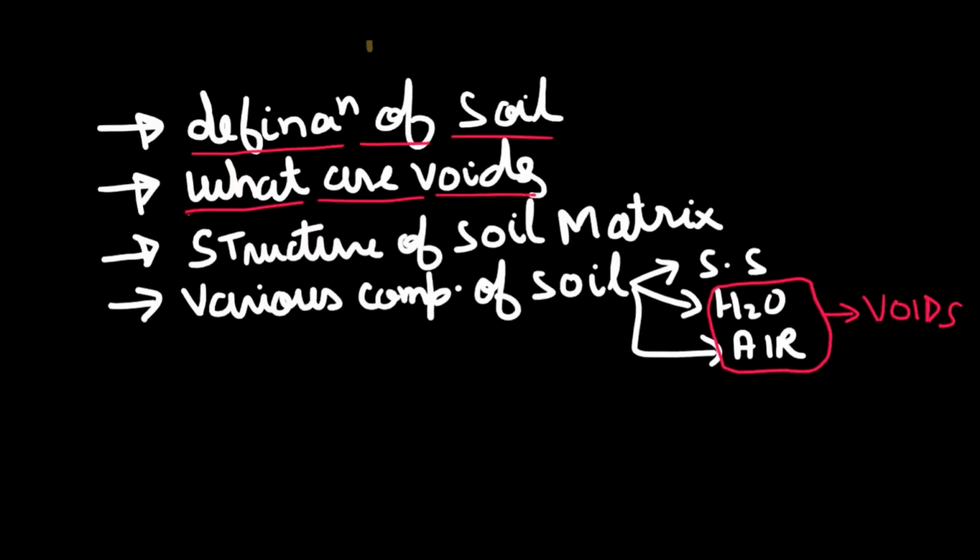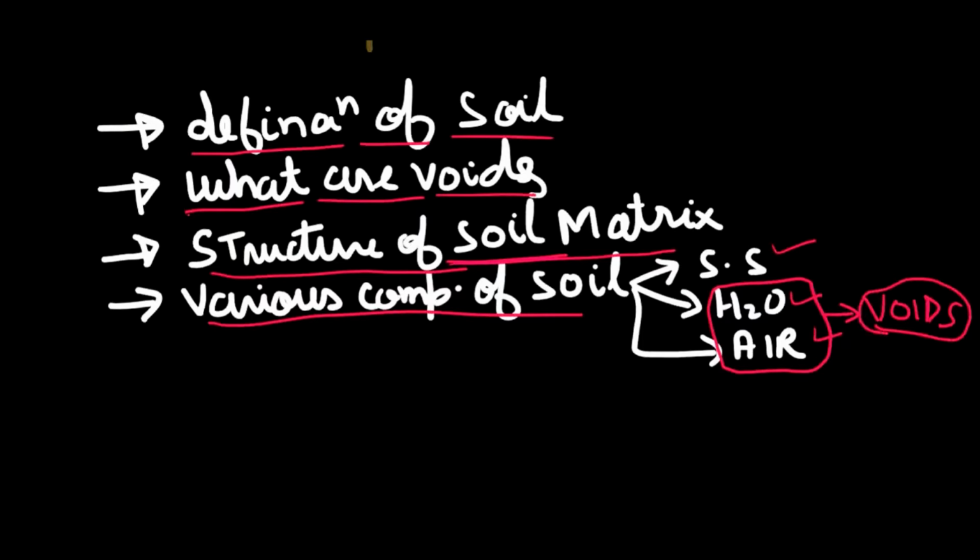We have also seen the structure of the soil matrix. We have taken a cubic sample and analyzed it. We have also seen the various components of soil, that is soil solids, water and air. Out of these, water and air are present in voids. This much we have covered in the previous video.